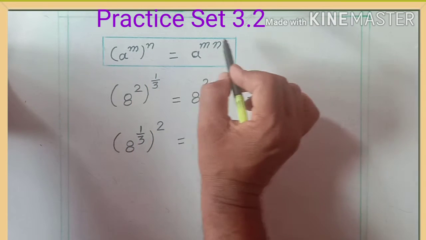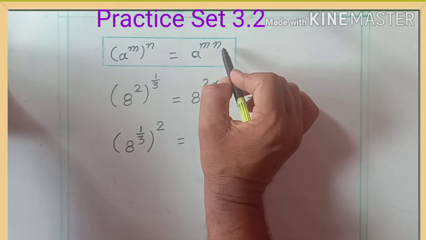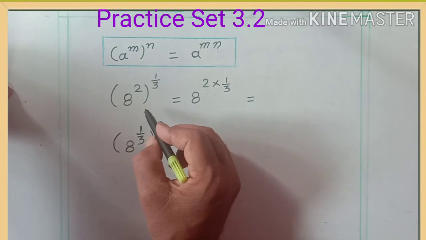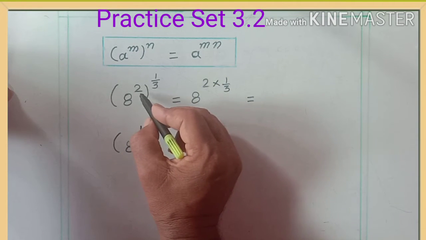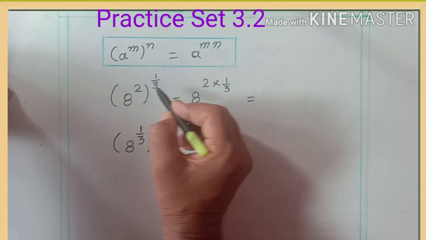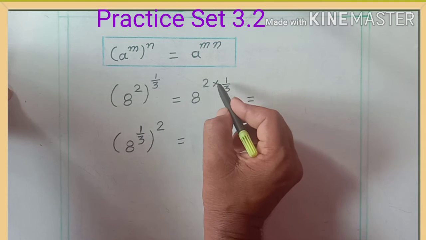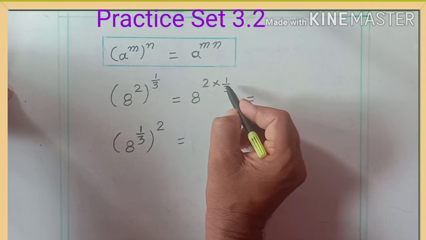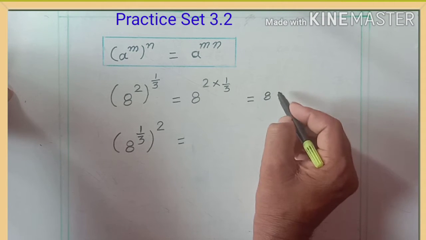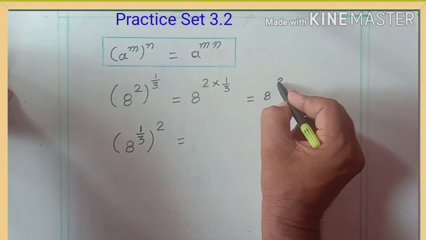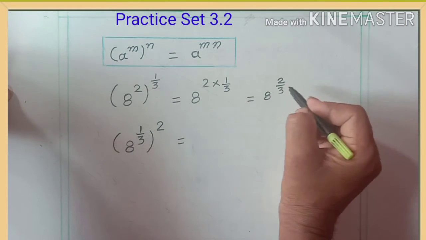The exponents m and n are multiplied. Similarly, 8 raised to 2, bracket raised to 1 upon 3, is equal to 8 raised to 2 into 1 upon 3, 8 raised to 2 upon 3.